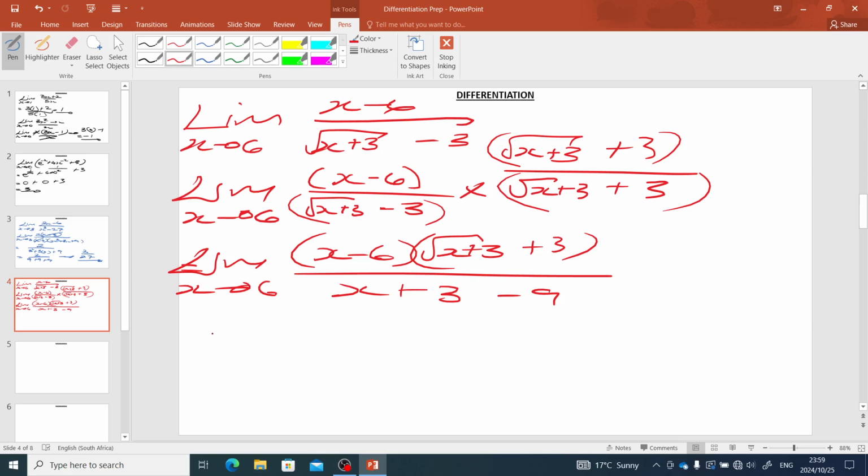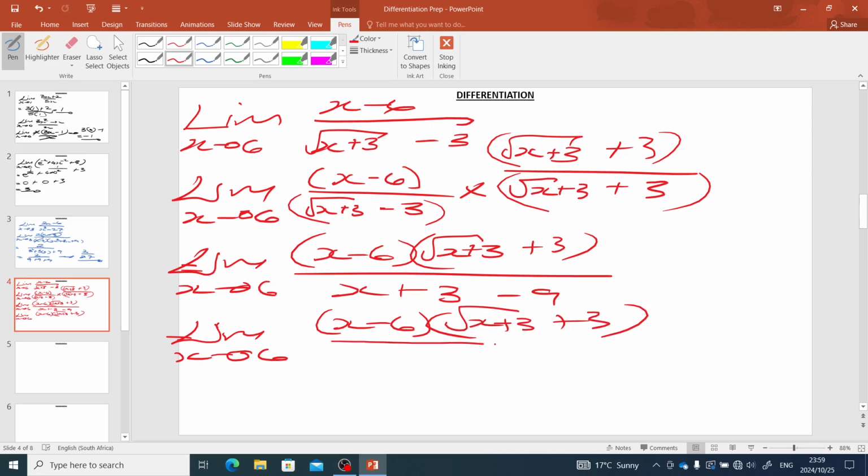Then from there we have the limit as x approaches 6 of x minus 6 in brackets, times the square root of x plus 3 plus 3, and at the bottom we'll have x minus 6, because we add the like terms and get negative 6.